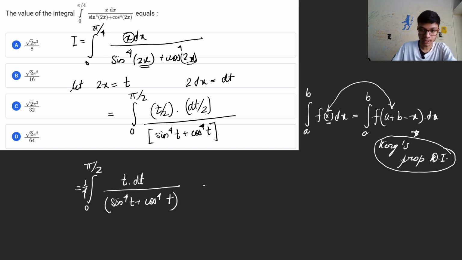Now I will apply this particular result. The integrand can also be written within the limit 0 to pi by 2. You know a very important thing about trigonometric results: they follow cyclic results.